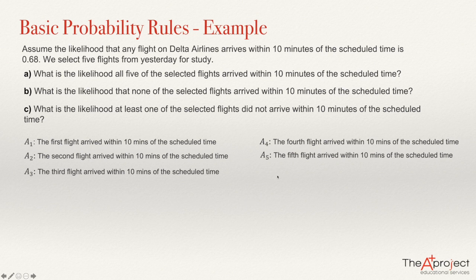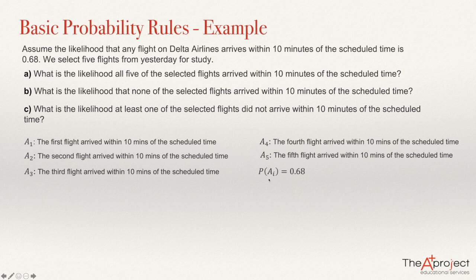So I'm going to take note of this, and I'm going to say that the probability of A sub i, and this i here could be any of 1, 2, 3, 4, or 5, is equal to 0.68. So the probability of each of these events will be 0.68. This is the information that we get from the problem.